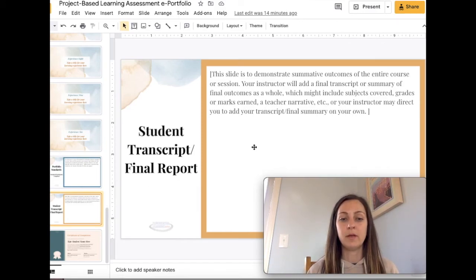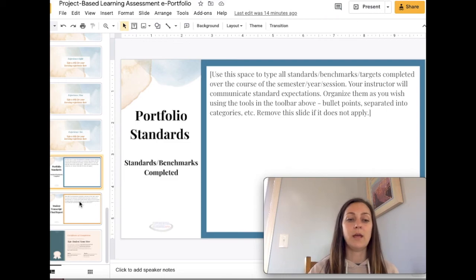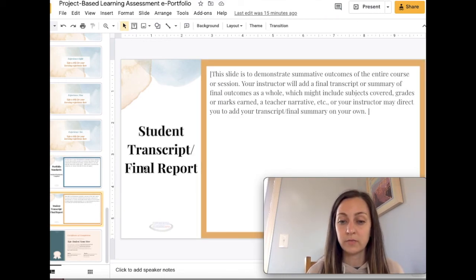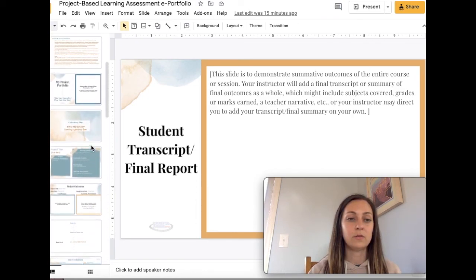They might put a grade report in here, transcripts, a teacher narrative. They might want to list out their standards. You could add a slide that focuses just on 21st century skills and students list out all of the skills that they really worked on that session. Whatever it is that you want to do, it's modifiable. You can adapt this to fit whatever your students need.